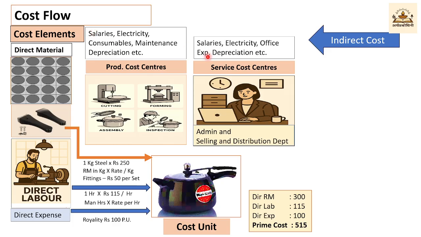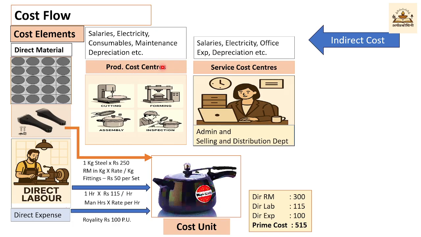The salaries paid to the administrative staff and marketing staff will be captured in the service cost centers, that is, admin cost center, selling and distribution cost center, like that. The electricity consumed in the production cost center will get captured in the production cost center. The electricity consumed in the service cost centers will get captured respectively.